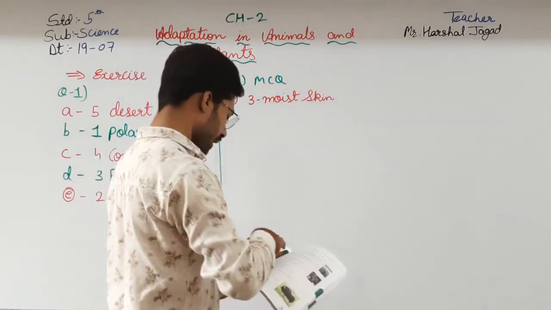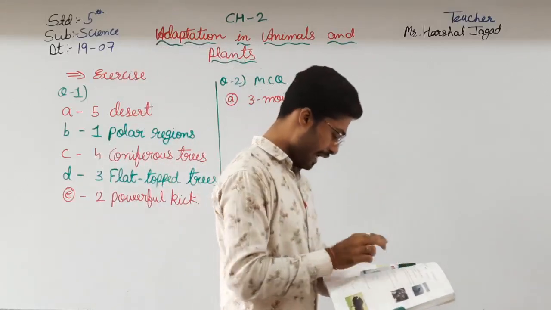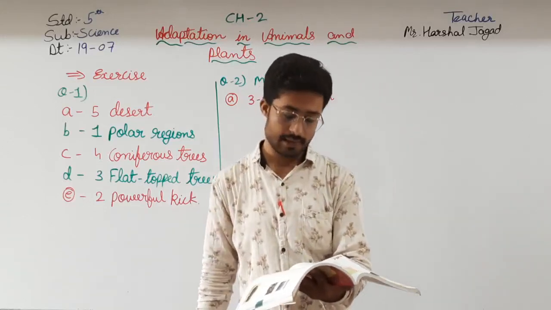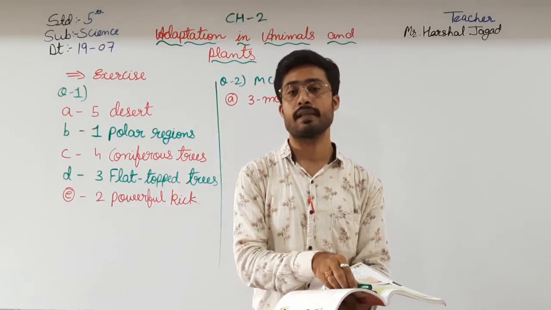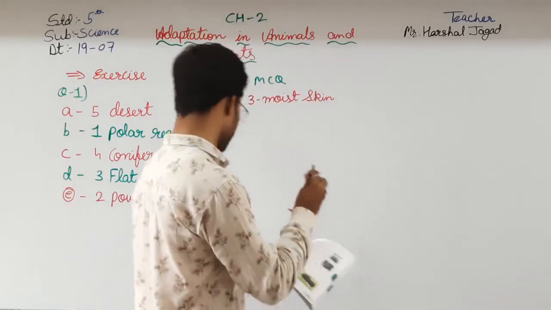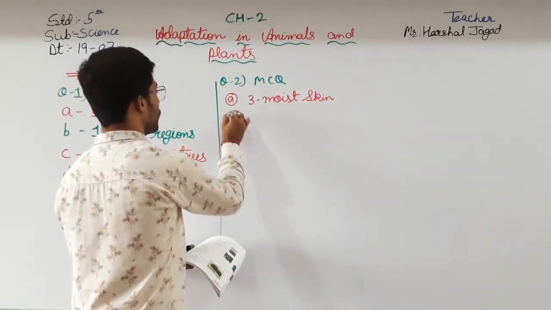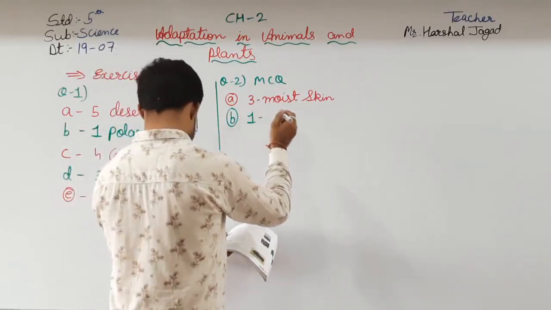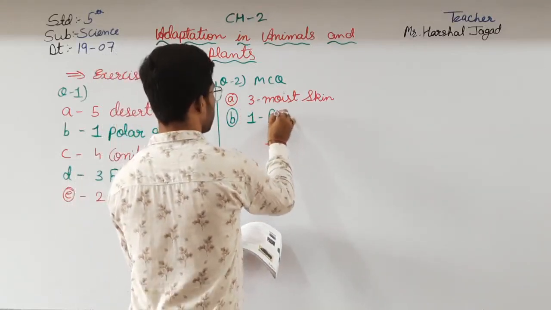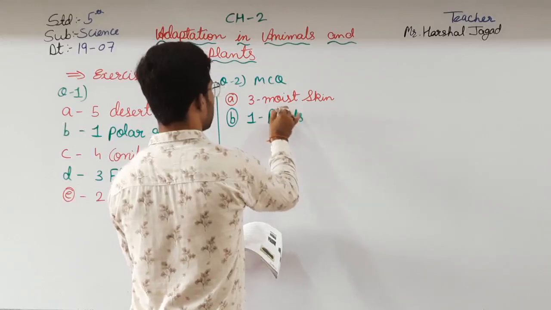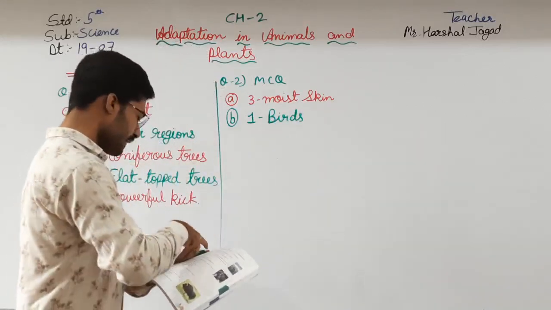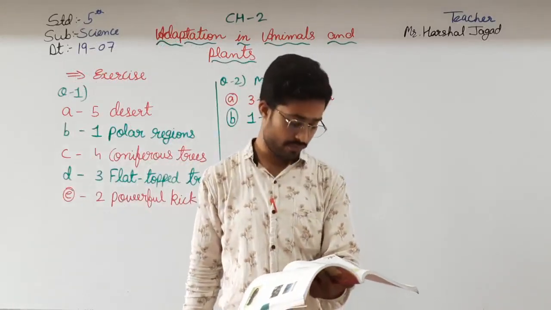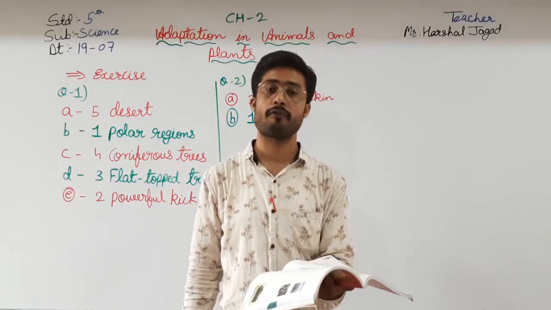Okay, then after B, dash have hollow bones, that is birds, reptiles and fish. So here we have seen birds have hollow bones. B, that is first one, birds. Okay, C, that is xerophytes have dash roots, long, short or fibrous.